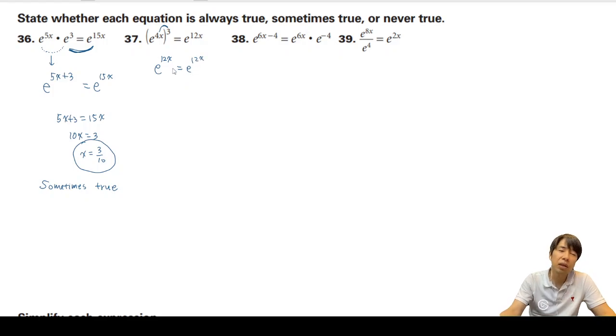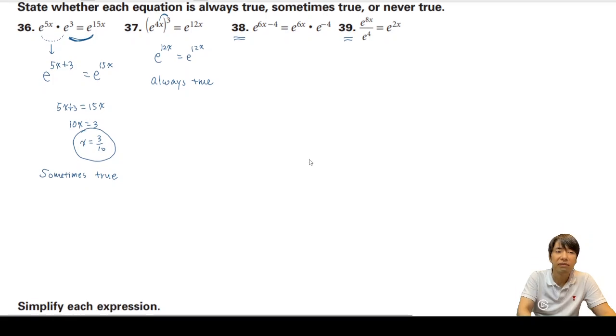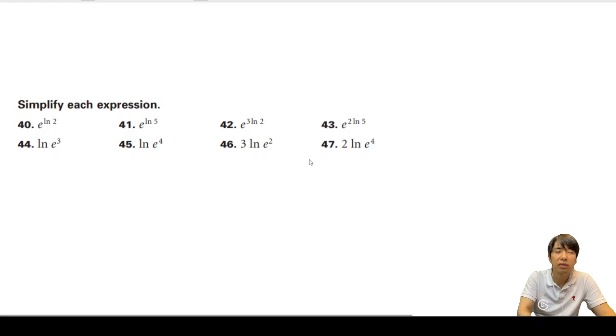So you can put in any number for x, and you find that these two expressions are basically the same. So this is always true. I think you can do 38. I also think that you can do 39. Try for yourself.